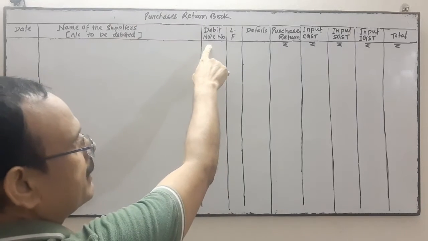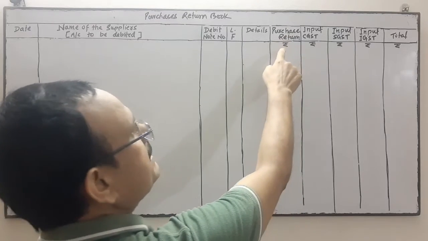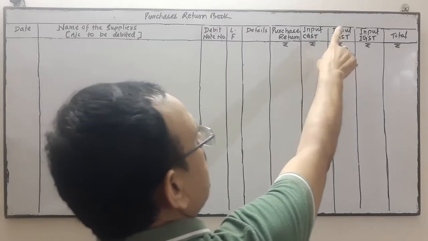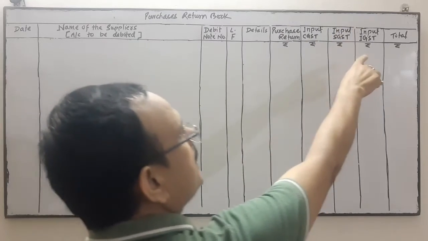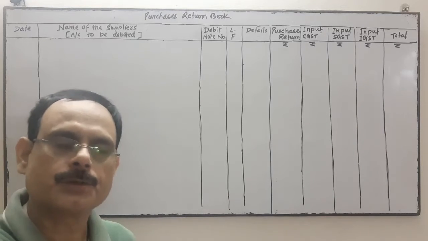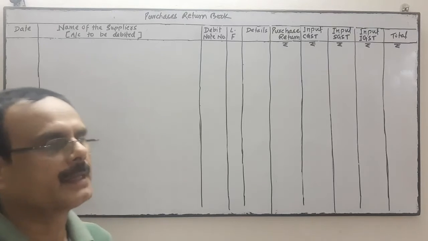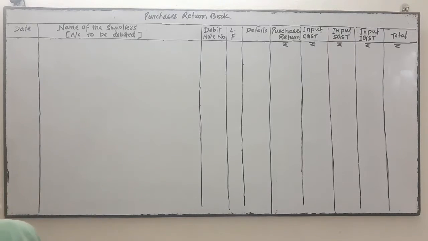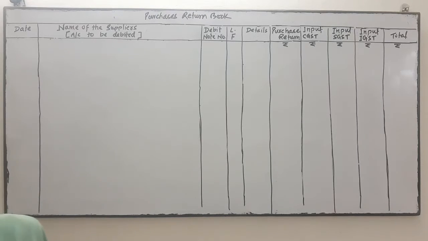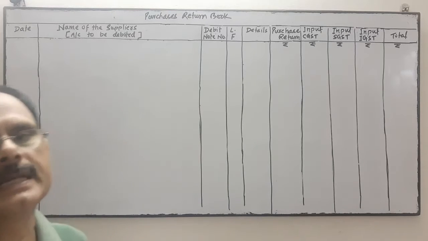Here we write the debit note number, ledger folio details, and purchase return, input CGST, input SGST, input IGST and total. At the time of purchase return, the input CGST, input IGST or input SGST account is credited. At the time of purchase it is debited, and at the time of purchase return the same account is credited.